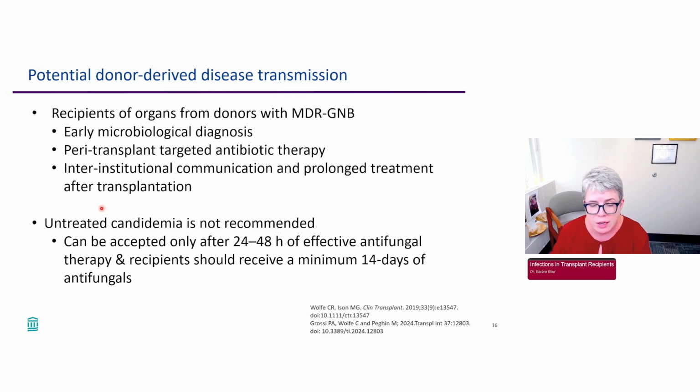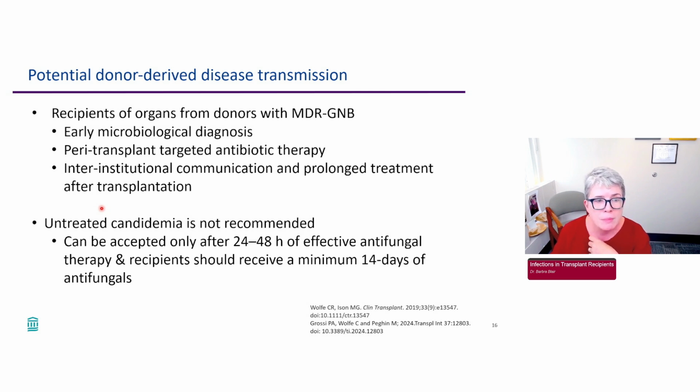The area that I think is a little bit tricky and should be carefully thought of is recipients with organs from donors with multi-drug resistant gram-negative bacilli. Knowing that at the time of organ procurement and implantation will allow perioperative antimicrobials to be targeted, which may not have been in the routine prophylaxis.